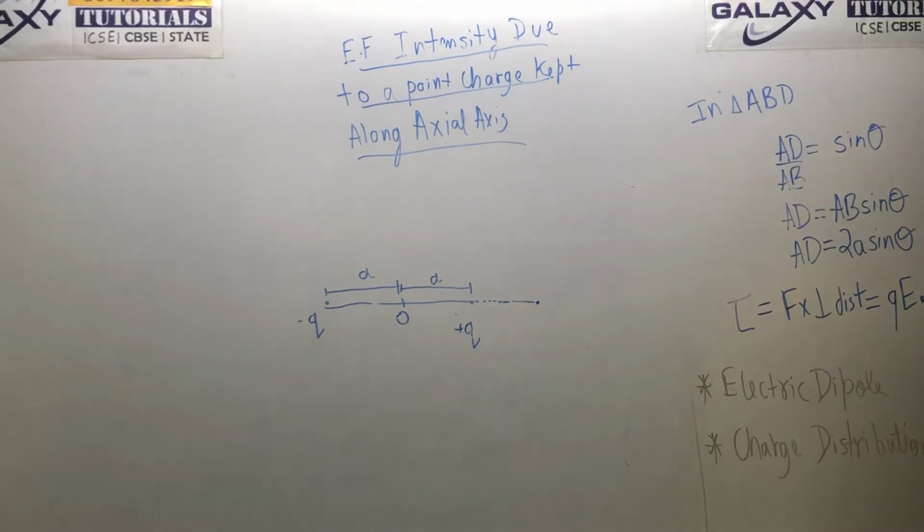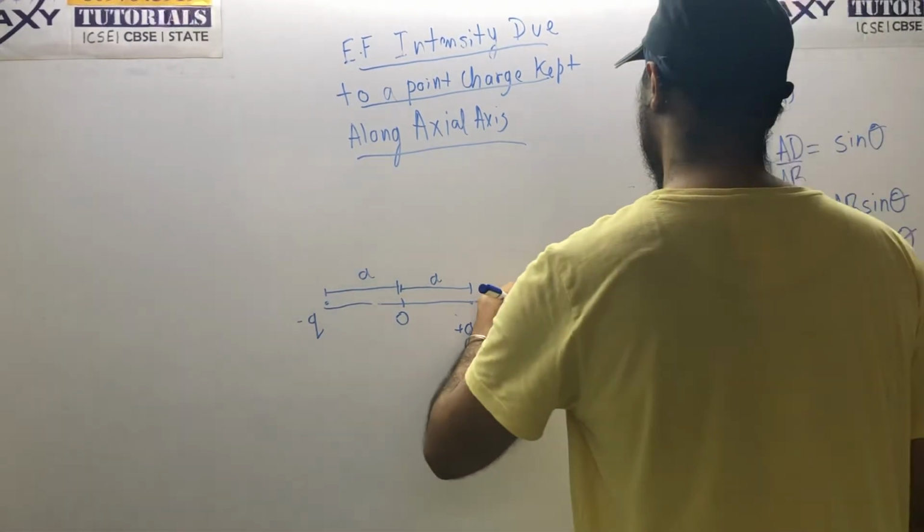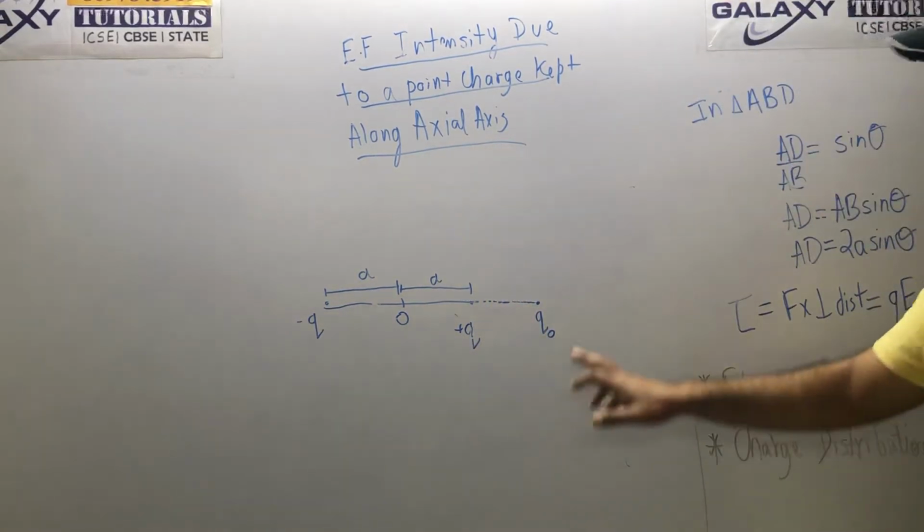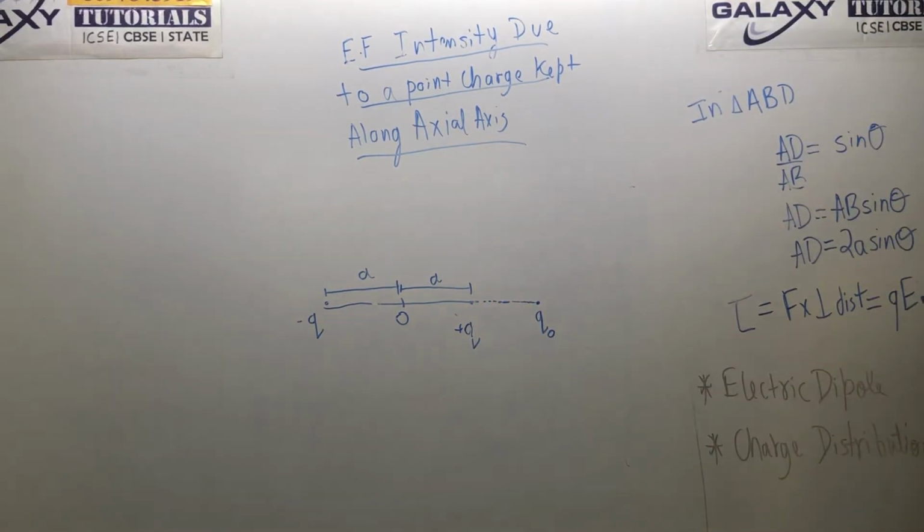And what will be the value of charge here? Q naught. Q naught indicates it is a point charge.